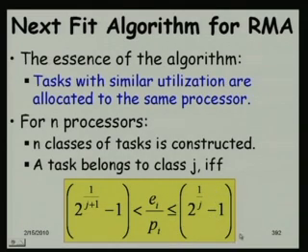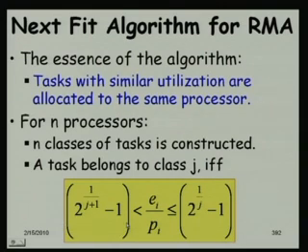This term, 2 to the power 1 by j minus 1, will remind you of the Liu-Layland criterion, is it not? n into 2 to the power 1 by n minus 1. So that may be a hint. Please try to think in this direction: for Liu-Layland, the bound for a task set to be schedulable is n into 2 to the power 1 by n minus 1.